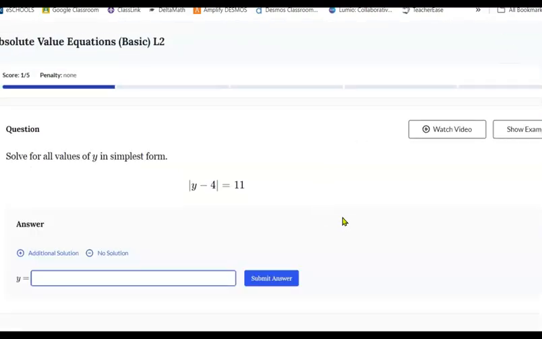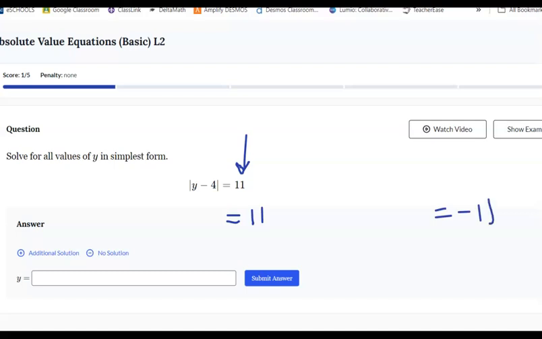So every time you start an absolute value question, you're going to start by answering the absolute value first. What numbers are 11 units from 0? The answers are 11 and -11. Now nothing else will change. You will simply copy the quantity that's inside the parentheses on the left side of each of these equations.